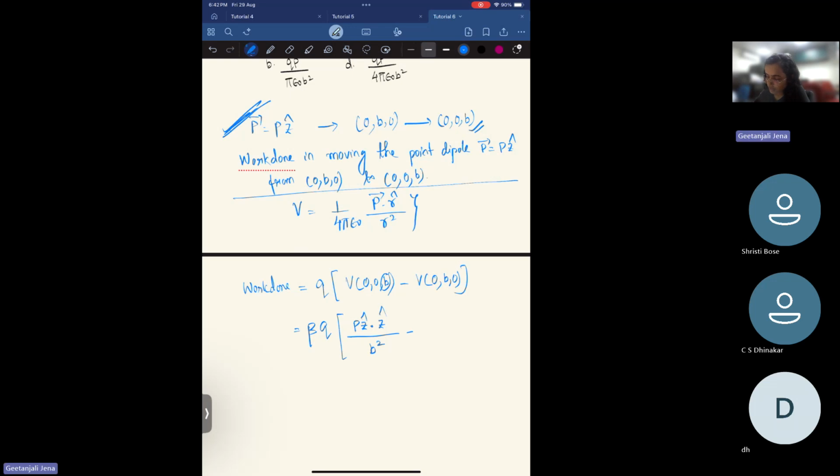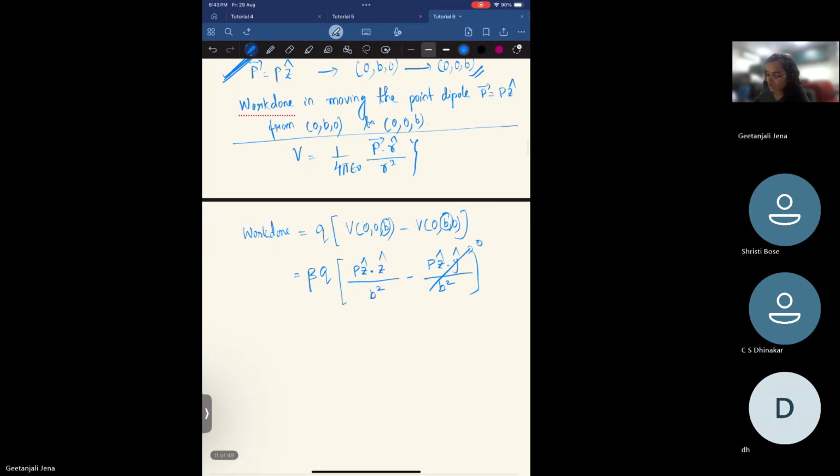For the second case, this will be P z cap, and the observation point is in the y direction. So R cap will be y cap, and this is 0. So we will get beta Q P by b square, that is, Q P by 4 pi epsilon naught b square.